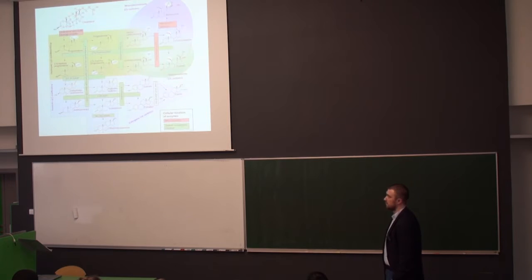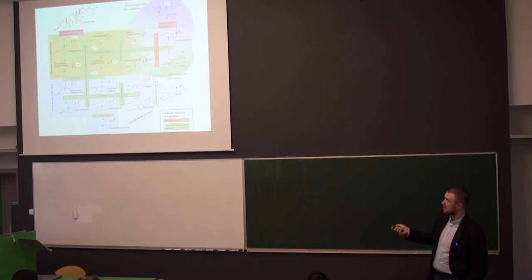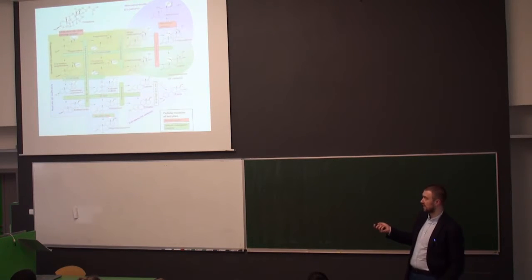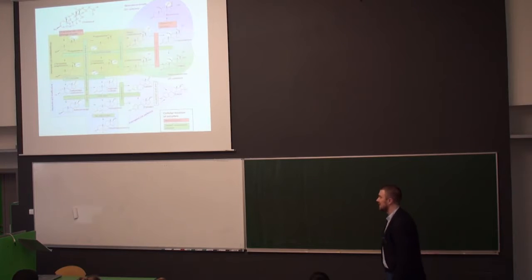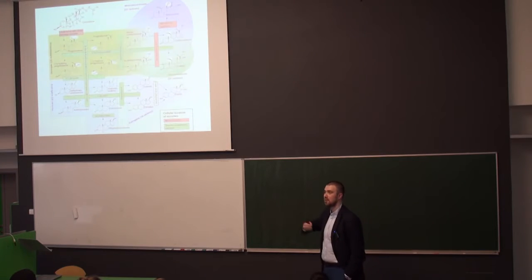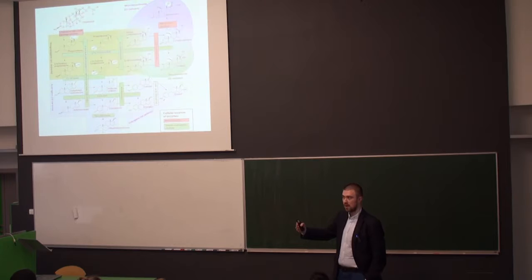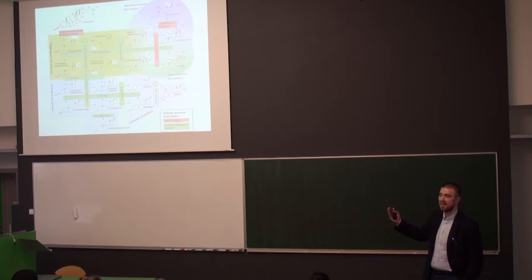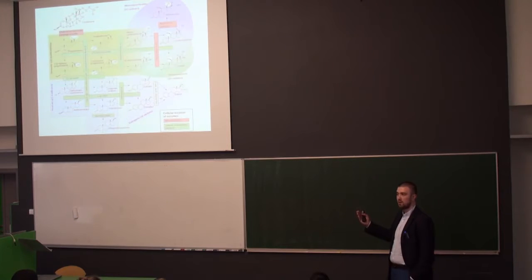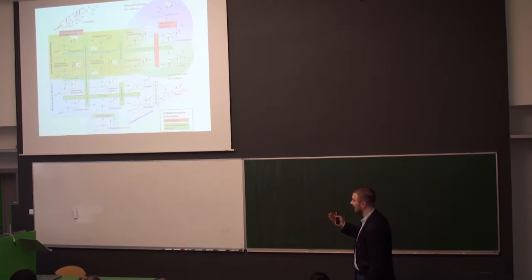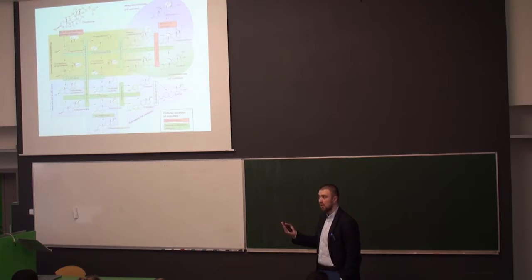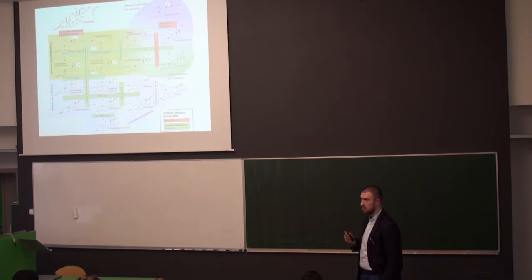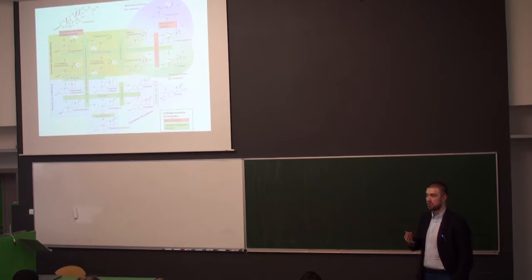Some peripheral tissues express the enzyme called 5-alpha reductase, converting testosterone to dihydrotestosterone, and we can say that these tissues are even more sensitive to androgens. For example, you have this in the prostatic gland or in hair follicles. And dihydrotestosterone is more active than testosterone.